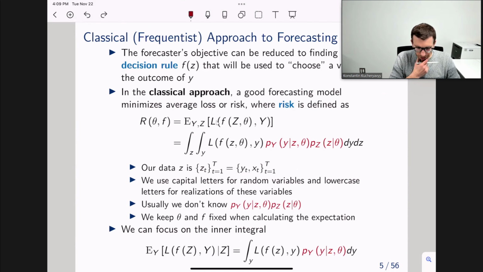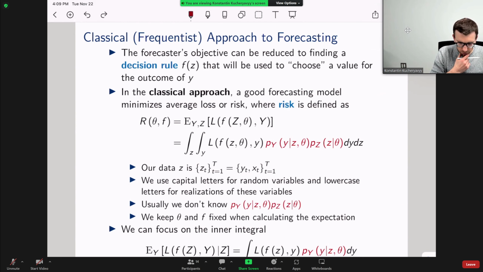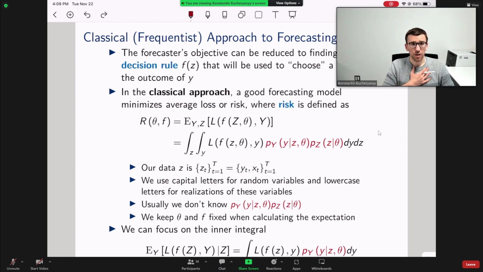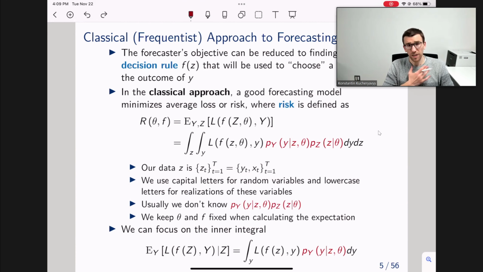Now, in the classical approach, a good forecasting model minimizes the so-called average loss or risk, where risk is defined literally as the expectation of loss across all data sets and across all Y's. Several comments are in order. I'm emphasizing again that data is the whole set of observations.